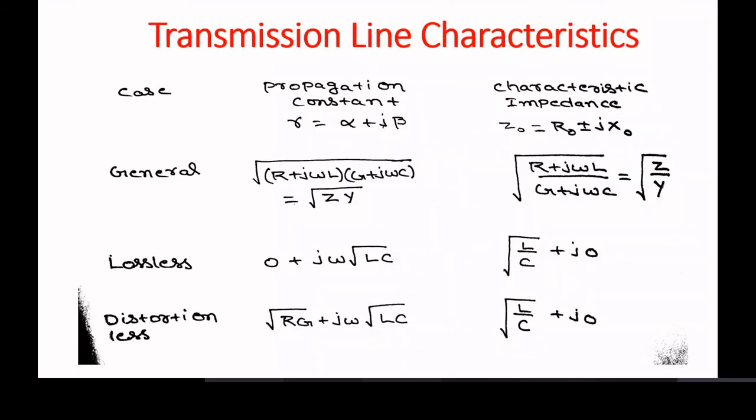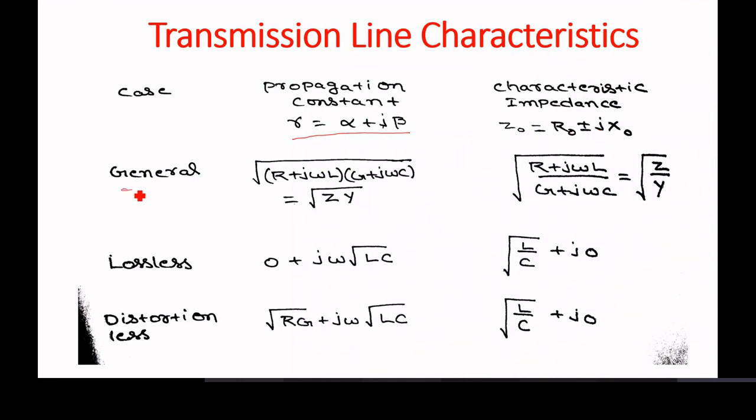This is the summary of what we have seen till now. For a transmission line, the propagation constant is a complex quantity alpha plus j beta, and the characteristic impedance is also a complex quantity R0 plus or minus jX0.